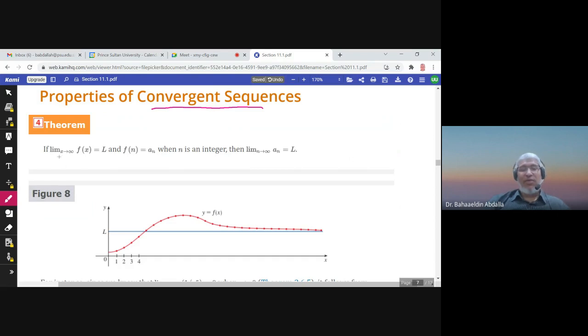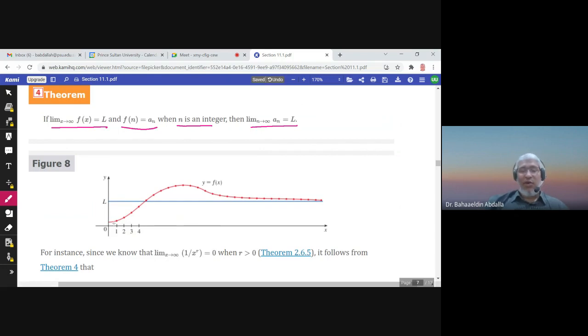The first theorem says if we have a function f of x, and if the limit of the function when x approaches infinity is L, and if f of n equals a_n, so if I replace x with n, I get the nth term of a sequence where n is an integer, 1, 2, 3 to infinity, then the limit of the sequence is also L. So it simply says that if f of n equals a_n, then the sequence is discrete points on the graph of the function.